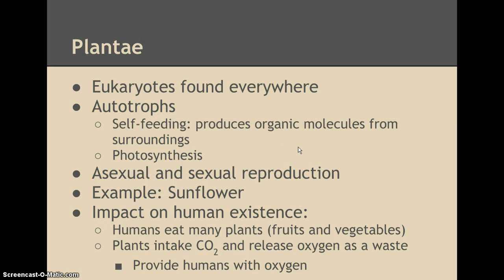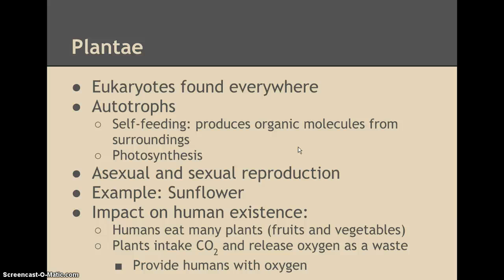So the next kingdom is Plantae. Plantae are made up of eukaryotic cells. Plants are found everywhere. They are autotrophs, which means that they self-feed. They produce organic molecules from their surroundings. An example is photosynthesis, where light is converted into sugar.